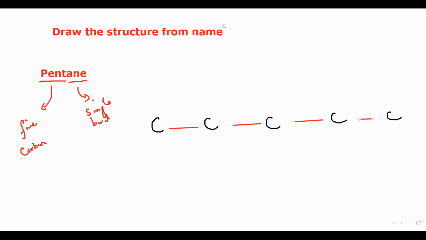And then we complete the hydrogen. The first one on the left hand side will have 3 hydrogen. The central ones will have 2 hydrogen each. The last one will have 3 hydrogen. So we completed the structure of pentane. Pent means 5 and ane means there is a single bond between the carbon atoms.